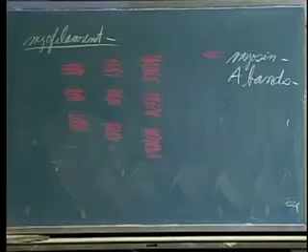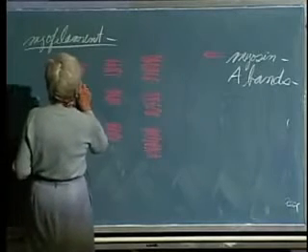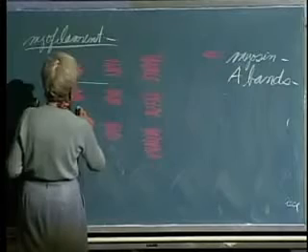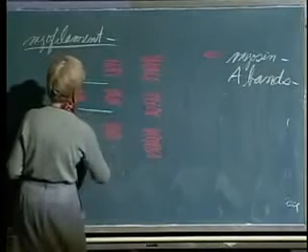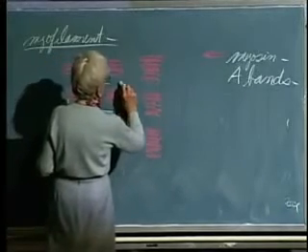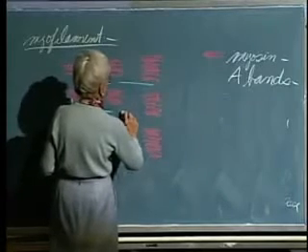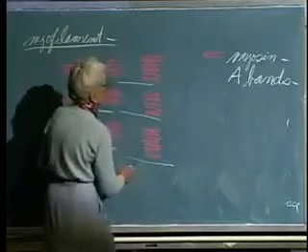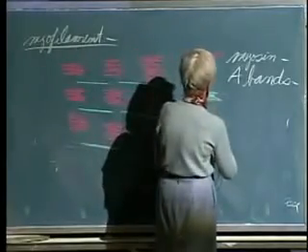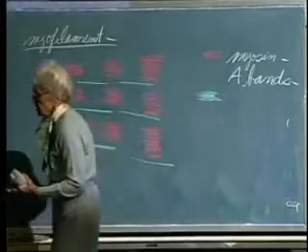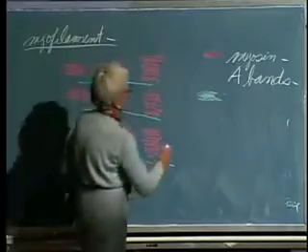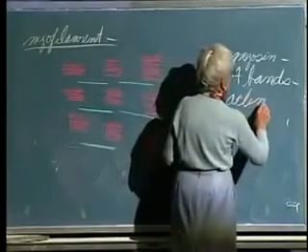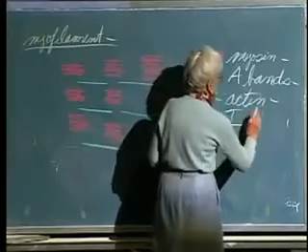Then in green, we can put in our actin, much thinner. Green, we have actin. Called I bands.